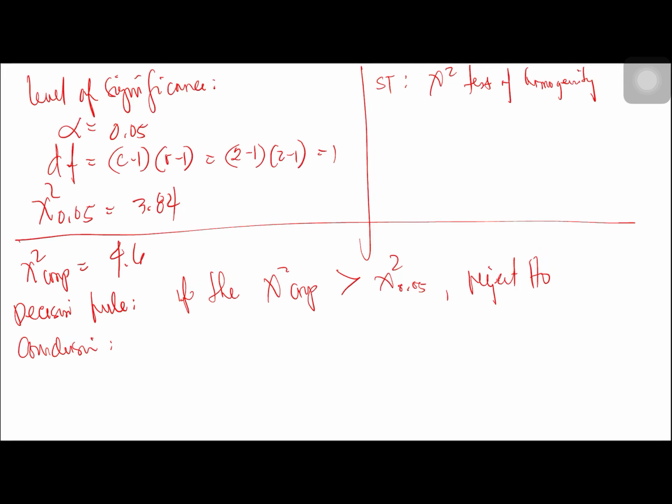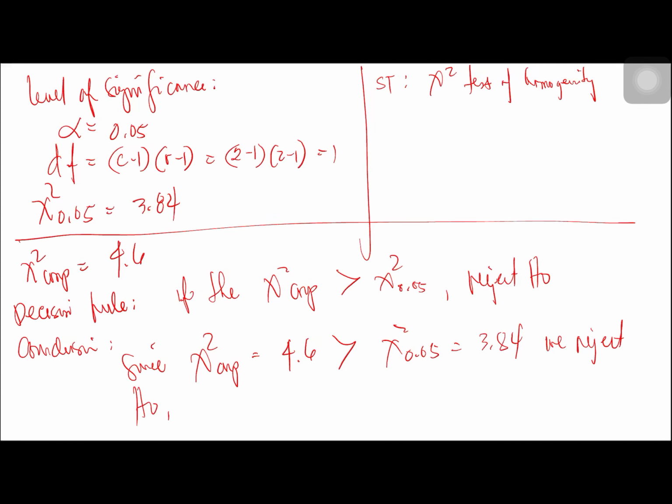So for our conclusion, since chi-square computed value that is equal to 4.6 is greater than the chi-square at 0.05 that is equal to 3.84, we reject the null hypothesis. Okay? We reject the null hypothesis.